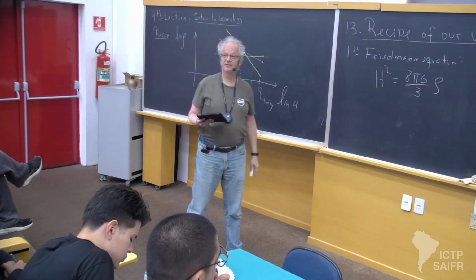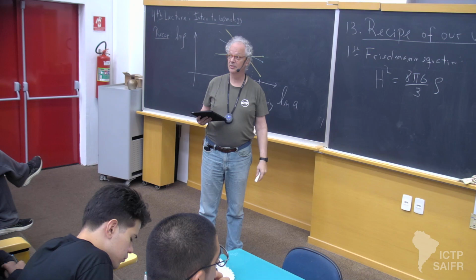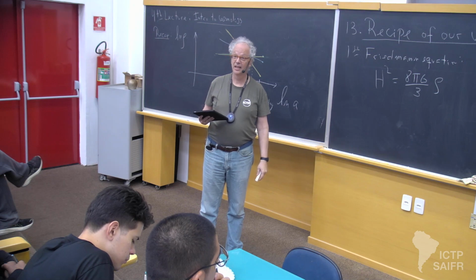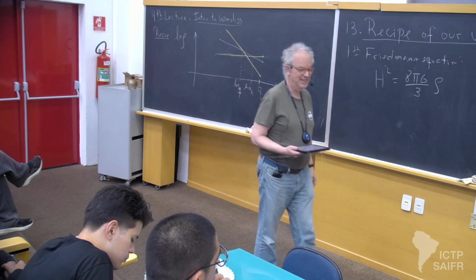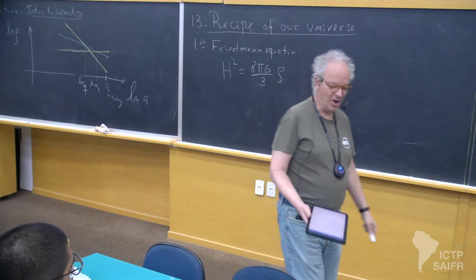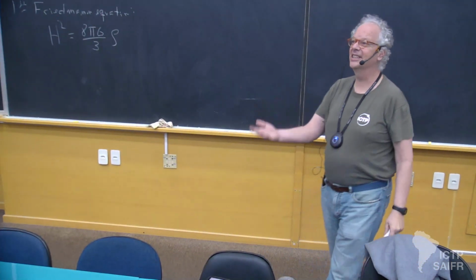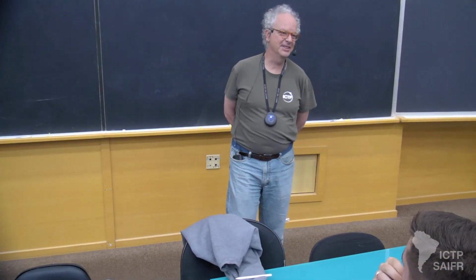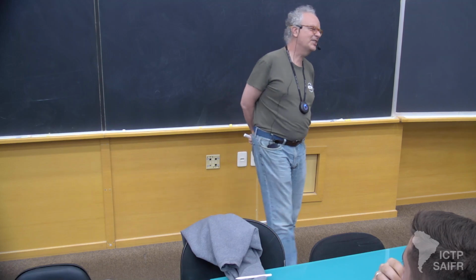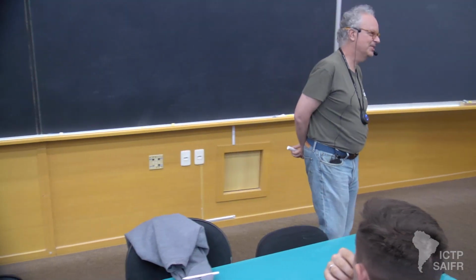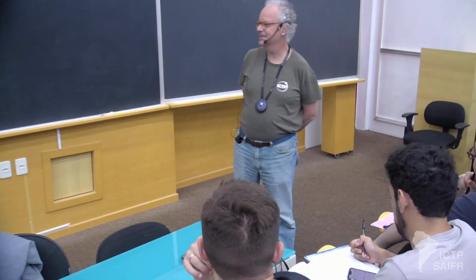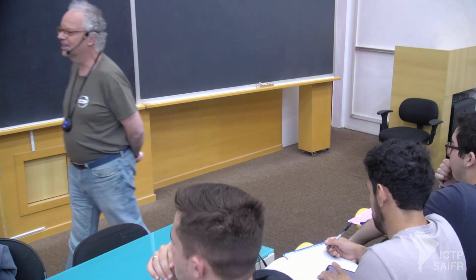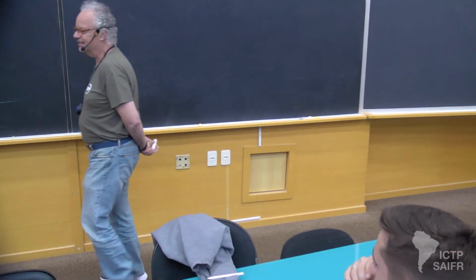That's what we derived also in one of the lectures. Now, up to now, we have forgotten the possibility that the universe has a spatial curvature. You asked me many questions about this spatial curvature of the universe.